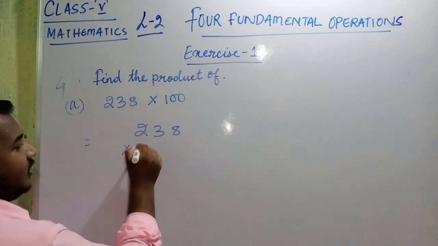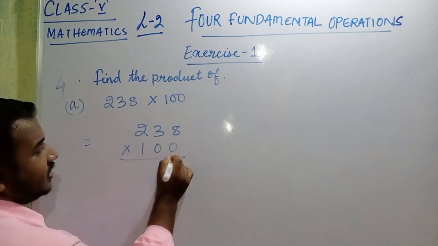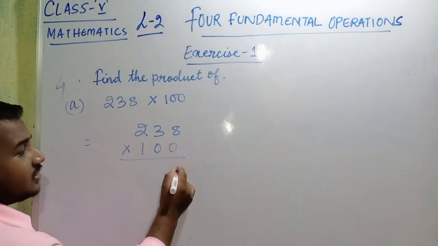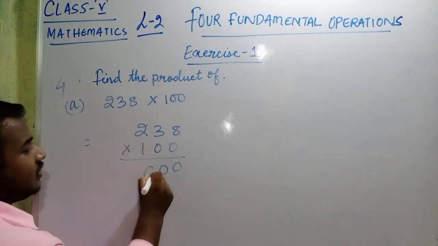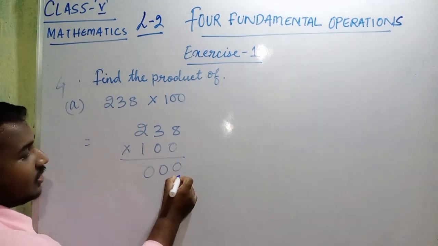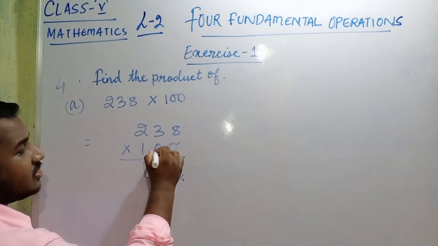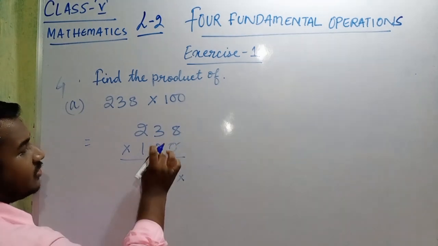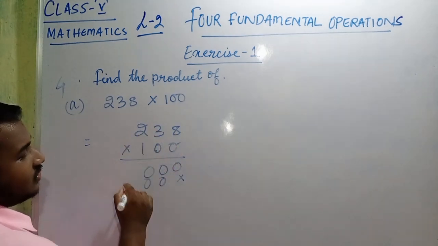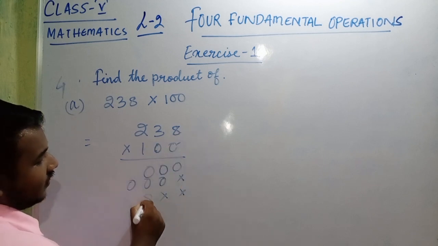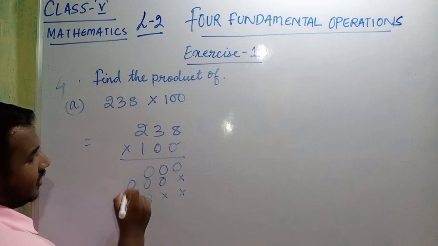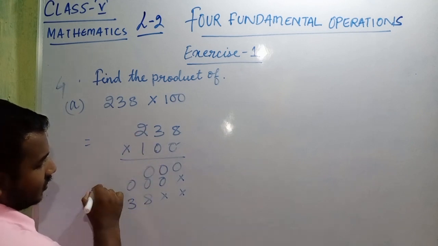238 into 100. First you will multiply with 0. 0 8s are 0, 0 3s are 0, 0 2s are 0. Next, again the first digit is finished. Then the second digit: 0 8s are 0, 0 3s are 0, 0 2s are 0. Next, 1 8s are 8, 1 3s are 3, 1 2s are 2.